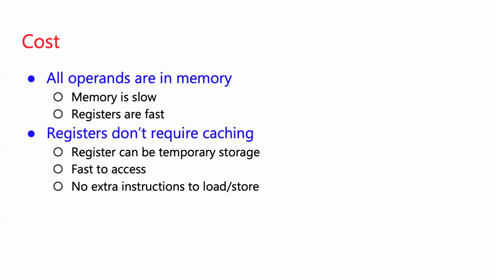And some of that simplifies our design for registers. Since they're already part of the CPU, you generally don't have to worry about caching what's in a register. If you can keep all the operands in a register, then you don't have extra load and store instructions to go access memory.